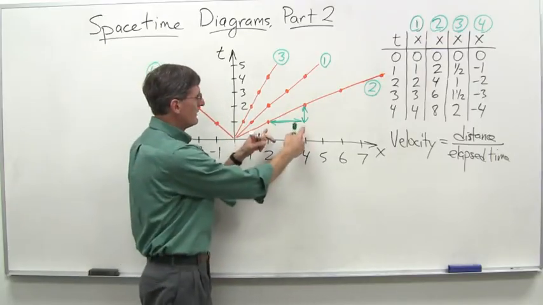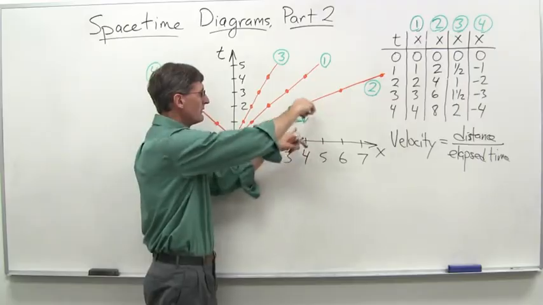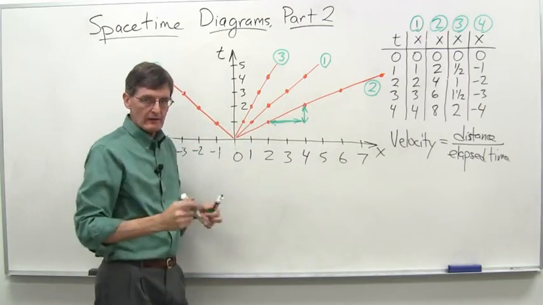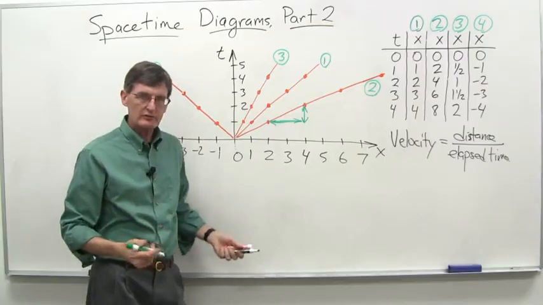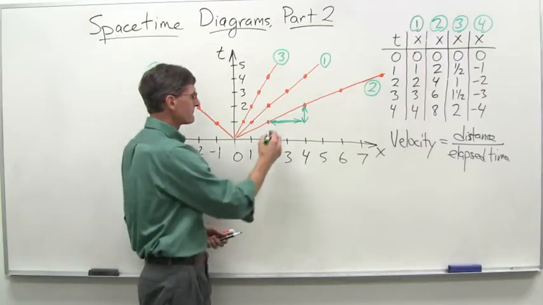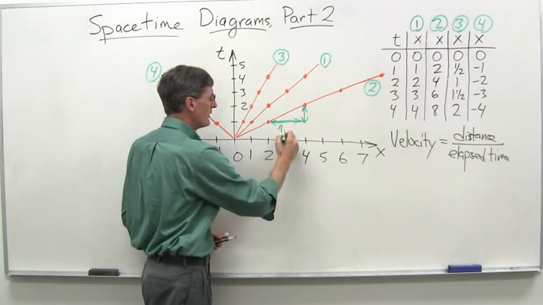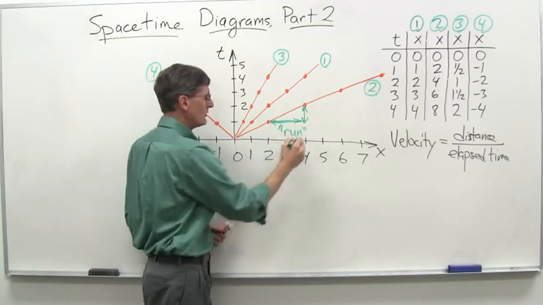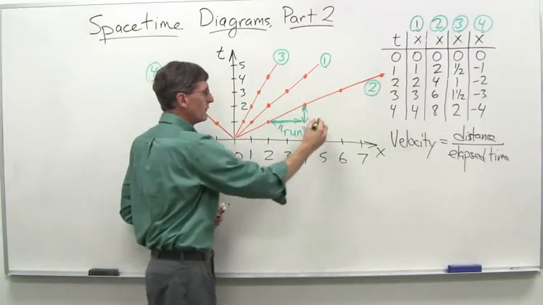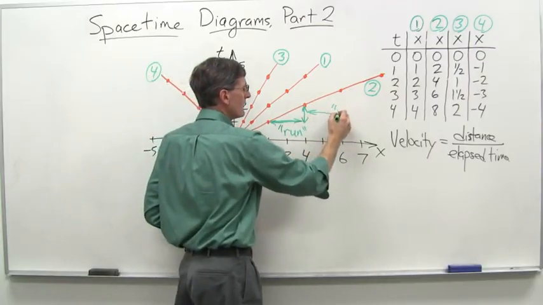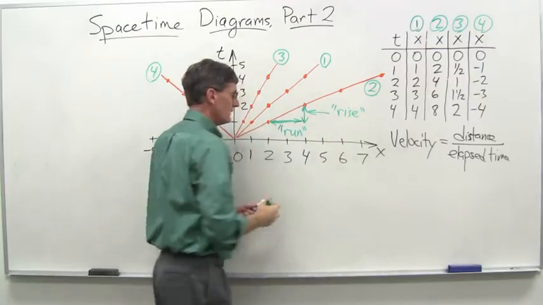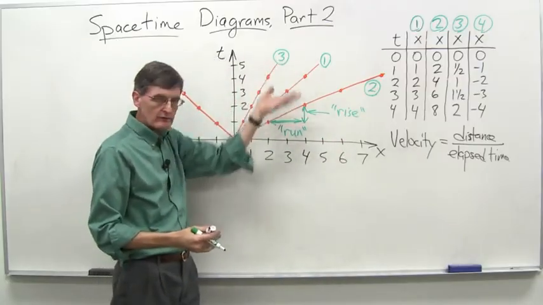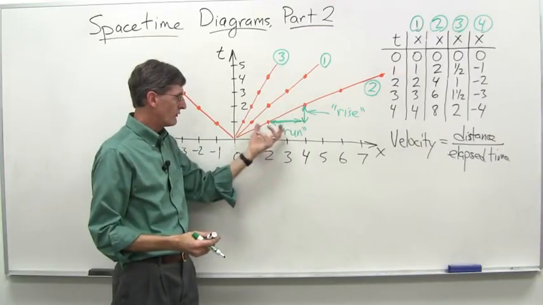Essentially what we're doing is distance traveled is 2 divided by the time 1. Depending on how much algebra you remember, sometimes we call this the run, and we call this the rise. Sort of intuitive, the rise, how far you've risen over that given distance.